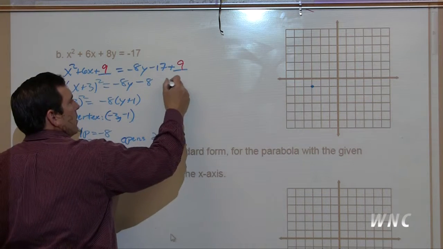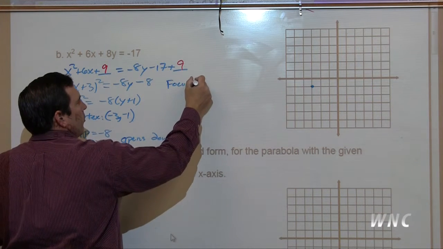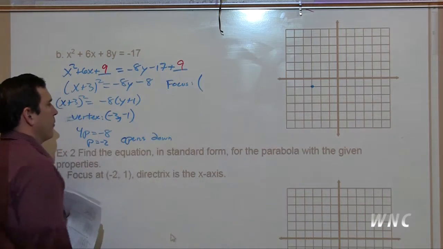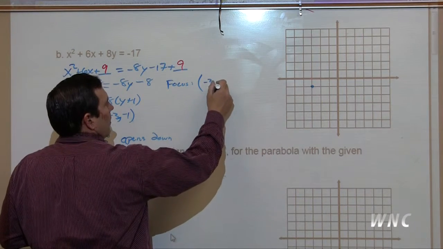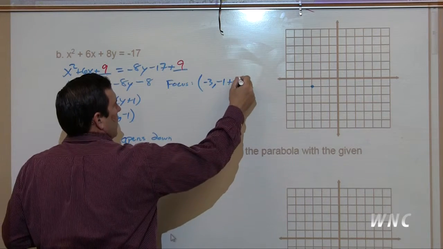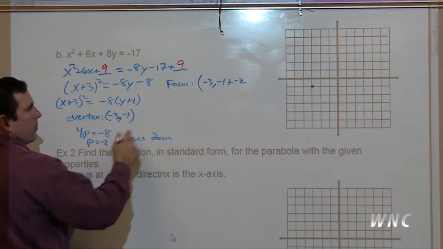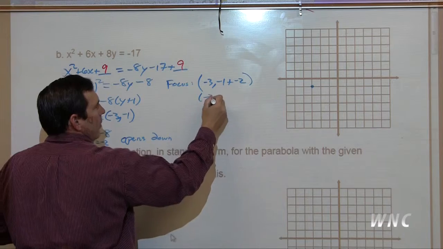Our focus will be at negative 3, comma, negative 1 plus the negative 2, which is our p. That's going to be at negative 3, negative 3.